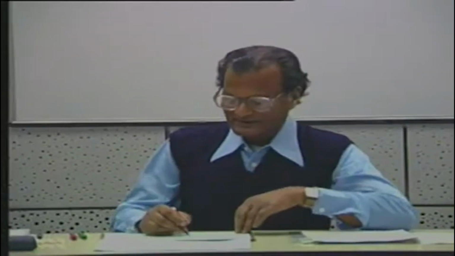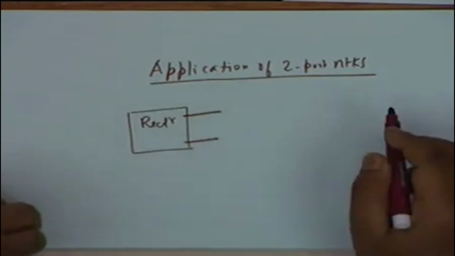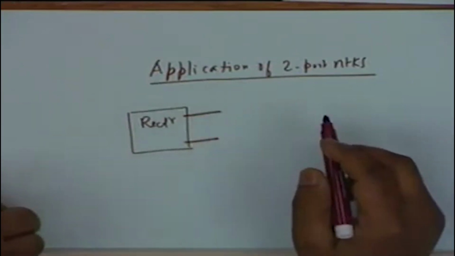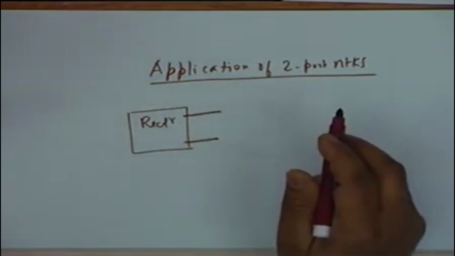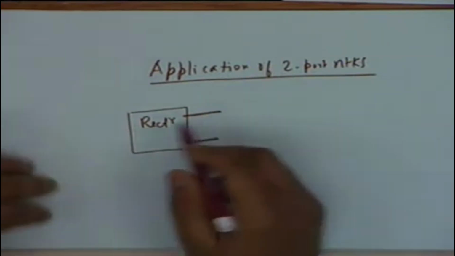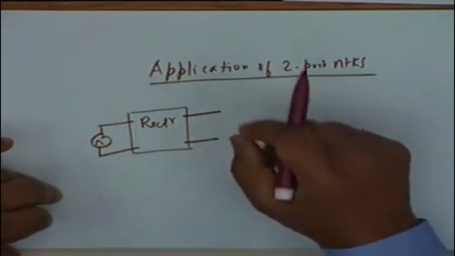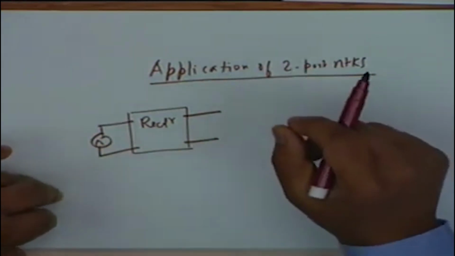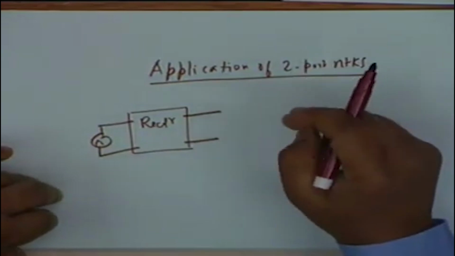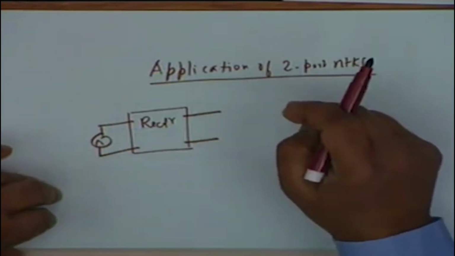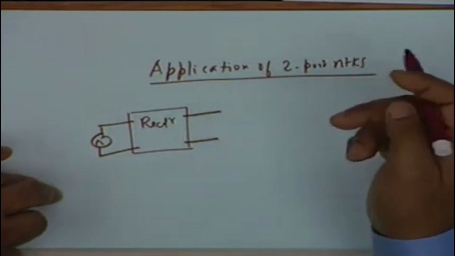What does a rectifier do? Rectifier is also a two port. Isn't that right? It takes an AC at the input and should produce a DC. It doesn't. It produces a DC on which is superimposed a ripple or an AC.